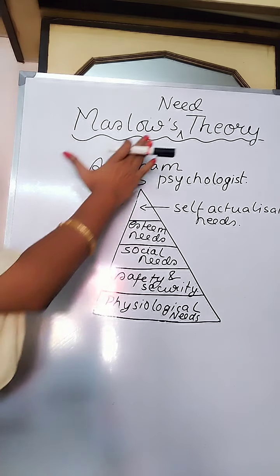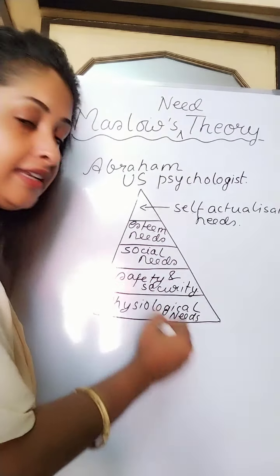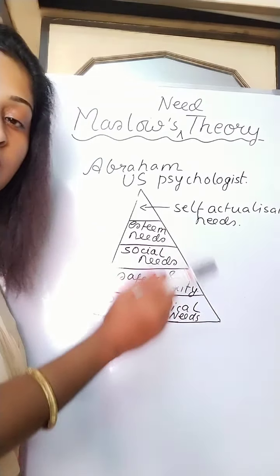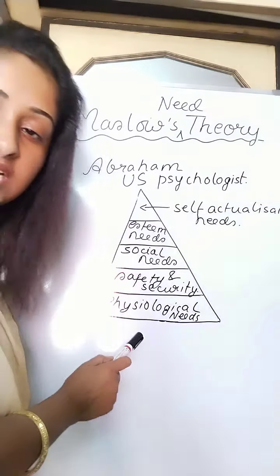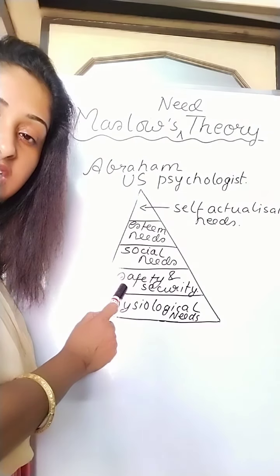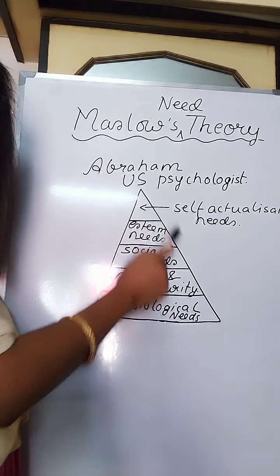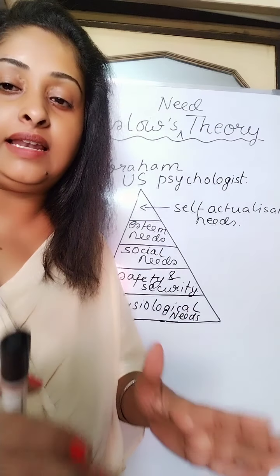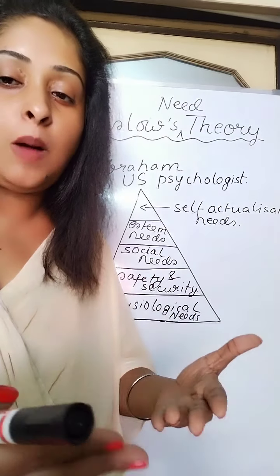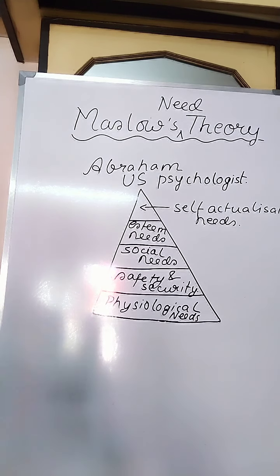He has presented this need theory in a hierarchical form, which starts from the very basic physiological needs, then come the safety and security needs, then the social needs, esteem needs, and finally the self-actualization needs, which lie at the top. So we can say at the basic level lies the physiological need, and at the top lies the self-actualization needs. Now I will explain to you about these needs one by one.